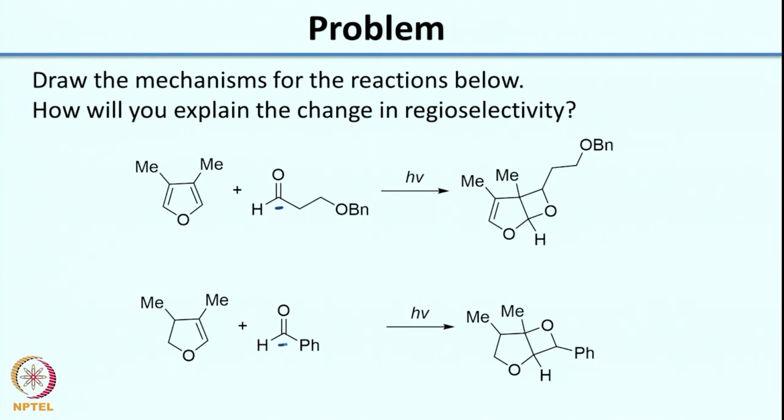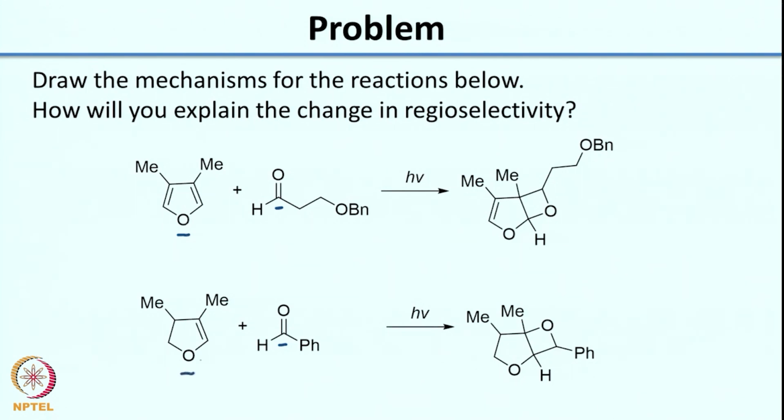So, what I would like you to do is, one, draw the mechanism for both of these, and once you draw the mechanism, explain why you have a change in regioselectivity when you change the molecule from a furan to a dihydrofuran.